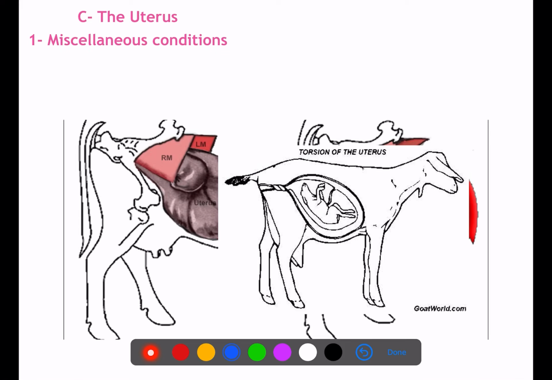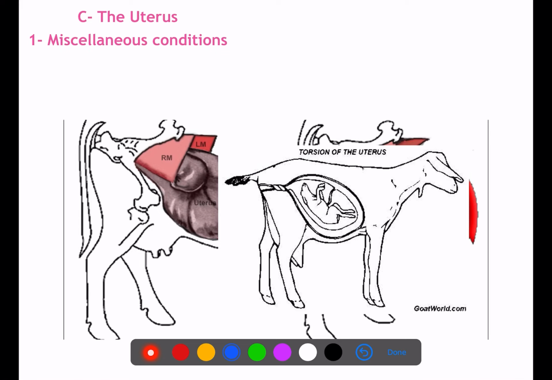The uterus is anatomically a muscular organ consisting of three layers, as we mentioned before: the endometrium, myometrium, and perimetrium. Usually the lesion involves both endometrium and myometrium.